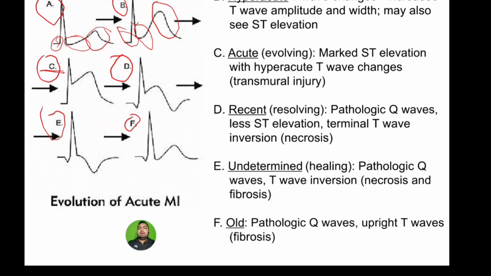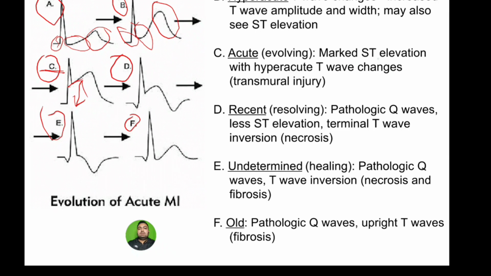There is marked ST segment elevation. And what is the criteria for significant ST elevation? Greater than 2 mm height of ST segment in chest leads, that is V1 to V6, and greater than 1 mm height of ST segment in leads 1, 2, 3, and AVR, AVL, and AVF, that is the limb leads.